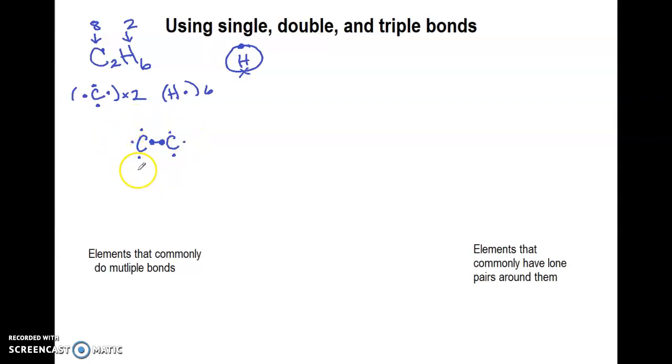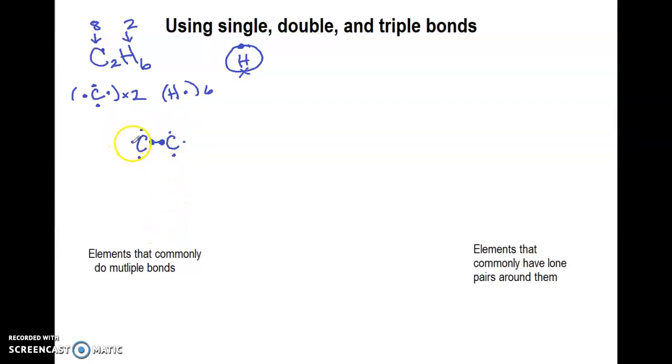And you can tell I haven't in any way filled its valence shell. Even if this carbon gets to share and count this one, it still only has 5. But I can start to see, based on that Lewis structure, where these 6 hydrogens might end up, because notice I have exactly 6 sides of the carbons open for sharing.